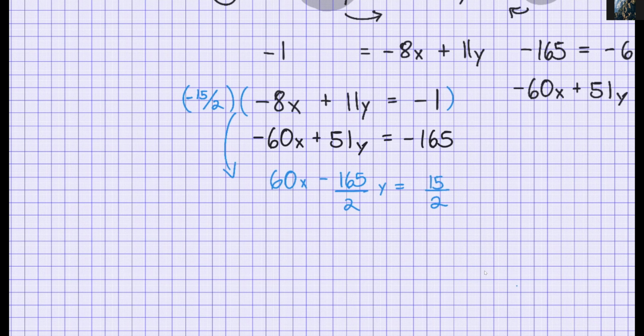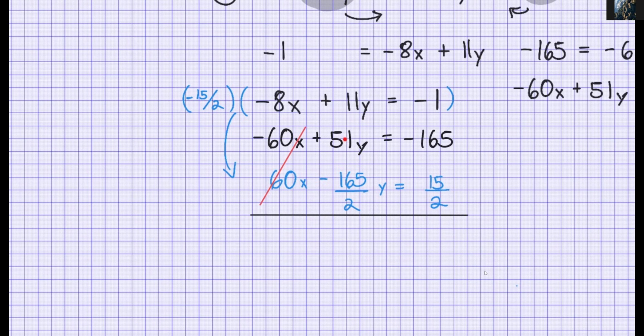And now I can do the addition of these two equations. If you see, the negative 60x and the positive 60x will cancel each other out. It'll be a 0. And then I have 51y minus 165 halves of y.